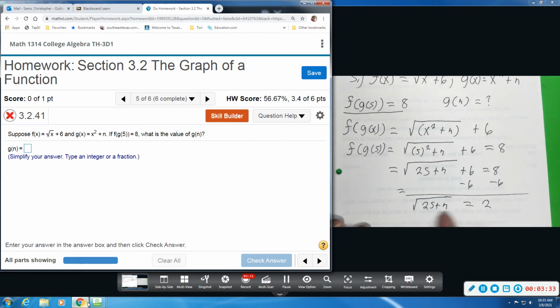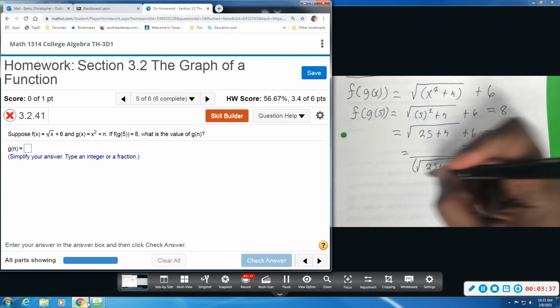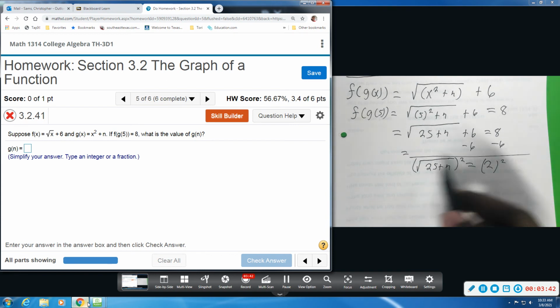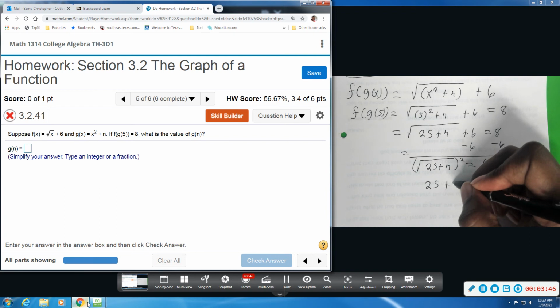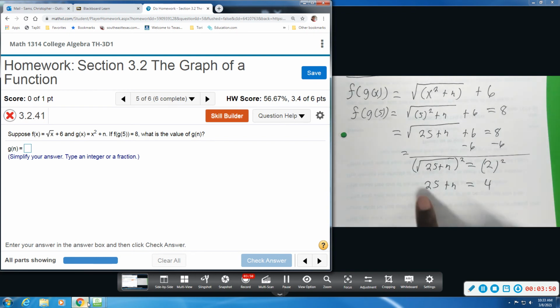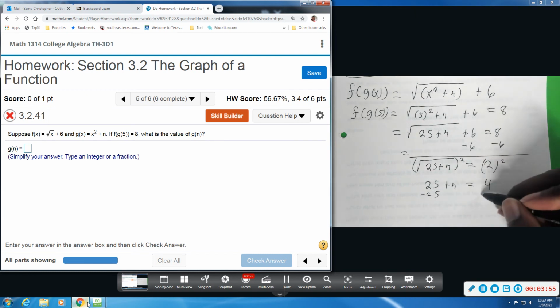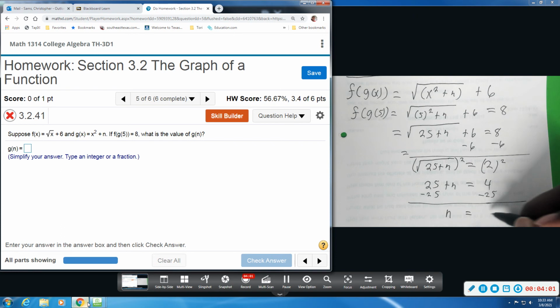And the way we get rid of a square root is we would have to square both sides. So we're going to square this side, and we're going to square the 2. Squaring a square root gets rid of it, so we have 25 plus n equals 4. All right, and then we would subtract 25 from both sides to solve for n. And upon that, we get the result that n would be equal to negative 21.